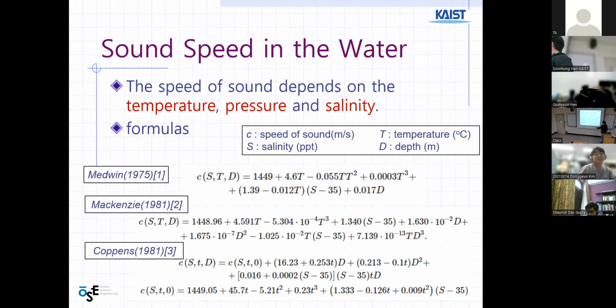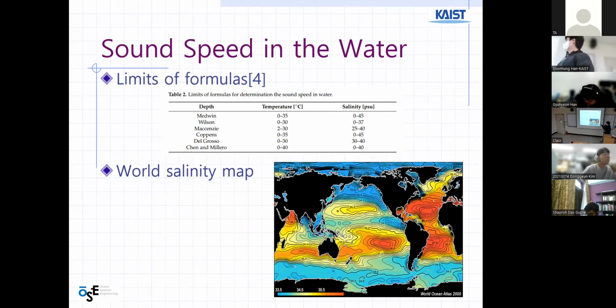So we can calculate the speed of sound, and you can also observe that higher temperature, higher salinity, and deeper depth give higher speed. But it is an empirical formula, so there are some limitations on temperature and salinity.